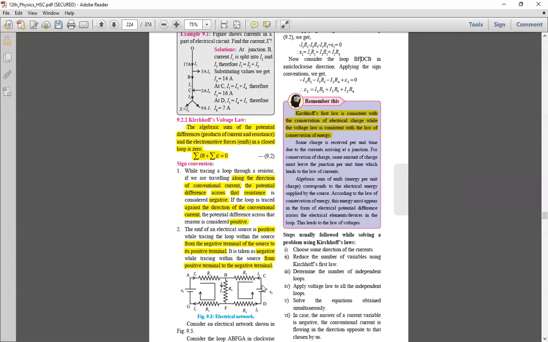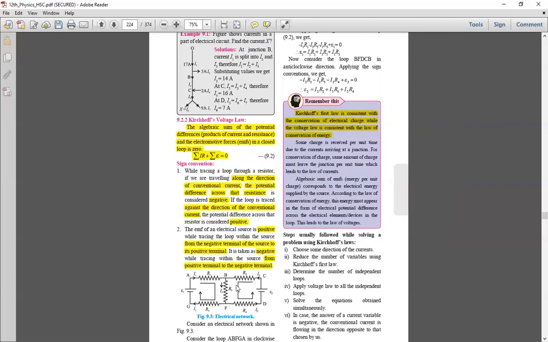As we are moving towards the positive side, the voltage across this will come as plus E2. C to B, as current is flowing from point C to point B, point C is high potential, point B is low potential. So voltage across this resistance will come as minus I2 into R2.